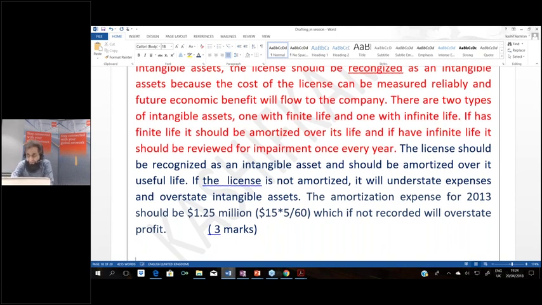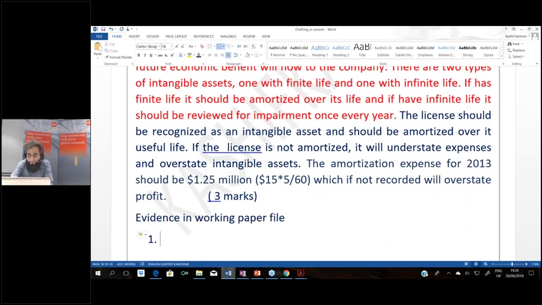The company acquired a license and they paid $15 million. So I should have a copy of the bank statement or a copy of the board minutes for the rationale behind the license acquired.